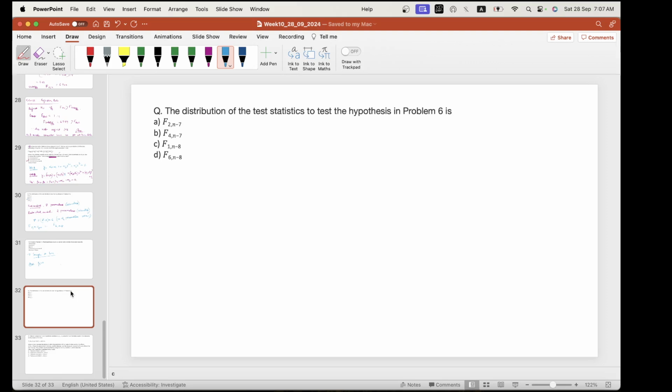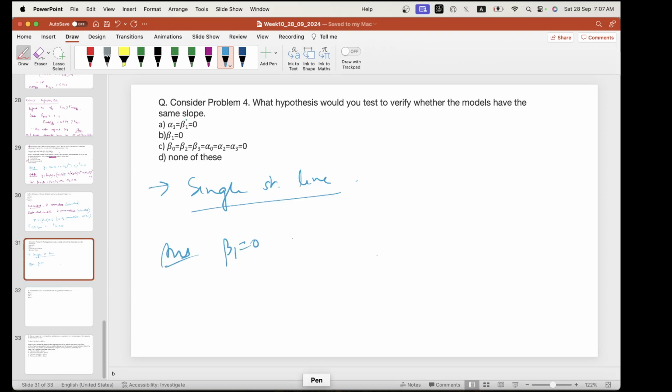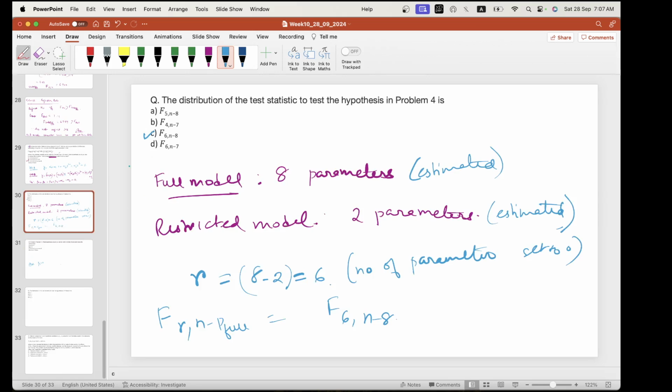Now the distribution of the test statistic to test the hypothesis in problem 6 is... So the slope coefficient is actually this one.